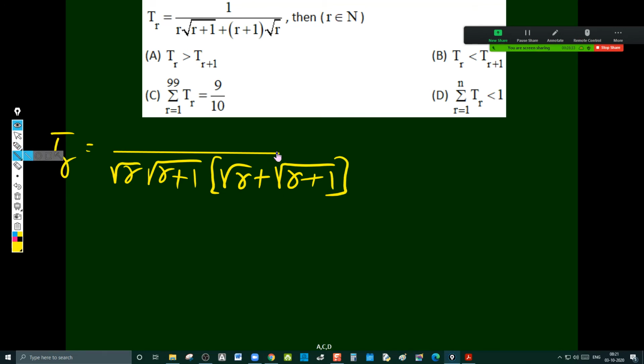Now the numerator contains 1. I'm multiplying and dividing with root (r+1) minus root r, that is, I'm rationalizing.